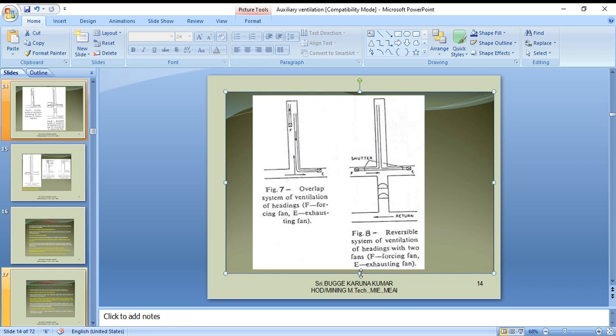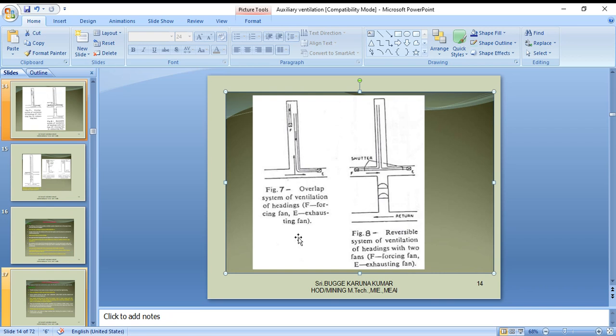So this is the overlapping system of ventilation of headings. This force is applied here, in the middle of the heading, so that fresh air can be expected for men. And at the same time, the foul gases that are raised there due to the blastings or advancing or methane may also be extracted and enter the return air.